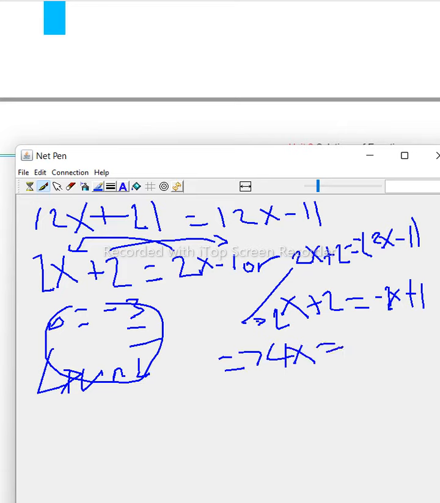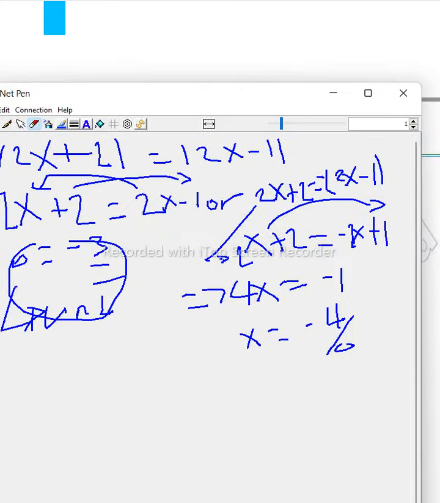Here we have 2 minus, which will be at the right of the equation, 1 minus 2, which is equal to minus 1. So x is equal to minus 1 over 4.